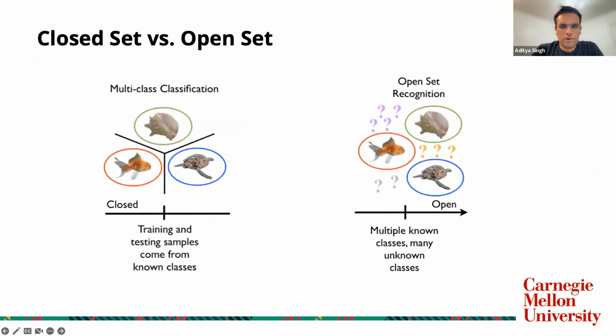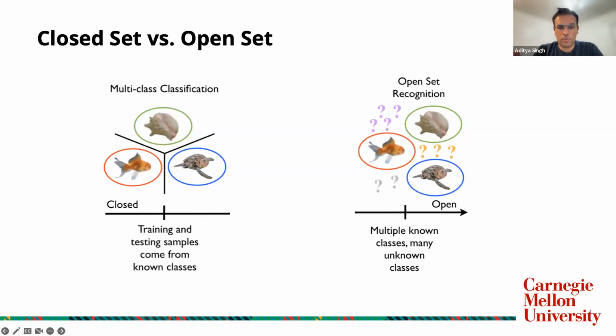So over here, it's useful to talk about open set versus closed set. A closed set classification task would be that at test time, you're guaranteed to have a category that you have seen before. Whereas in an open set task, you have classes or identities that did not appear during training time at all.